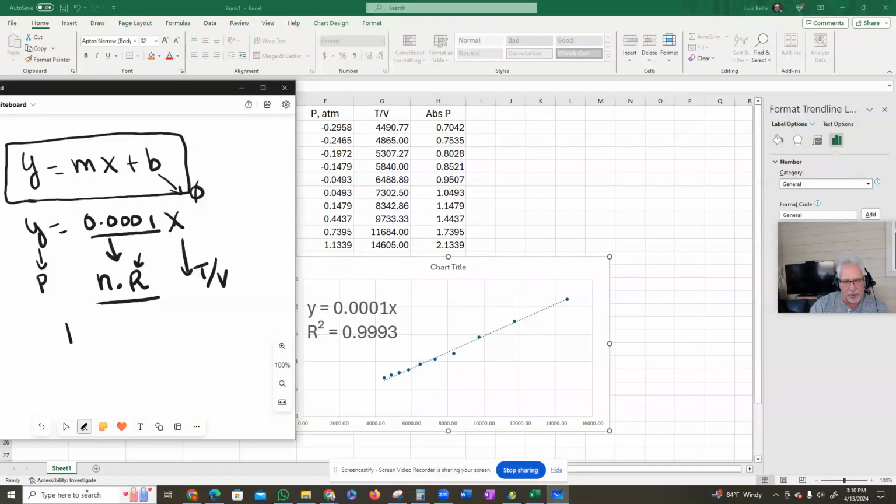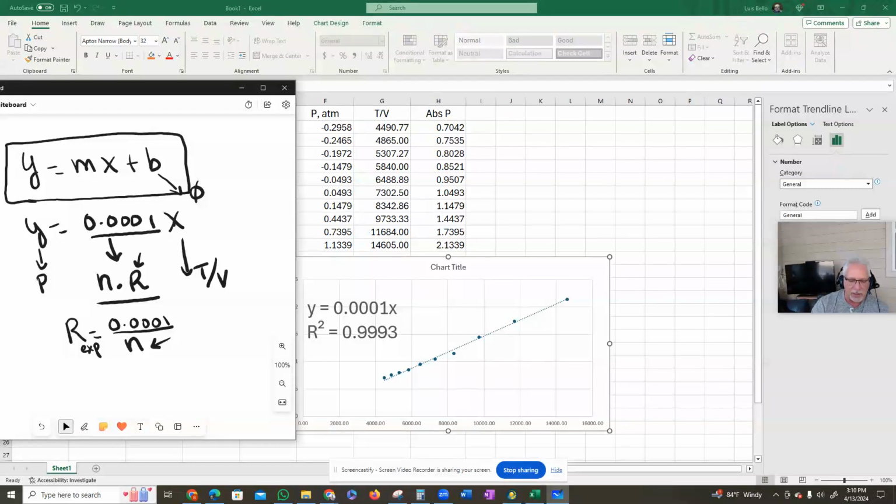How? You have to do the following. R will be equal to the slope, which is 0.0001, over n. This is the actual value of R, or the experimental R that you need to calculate.